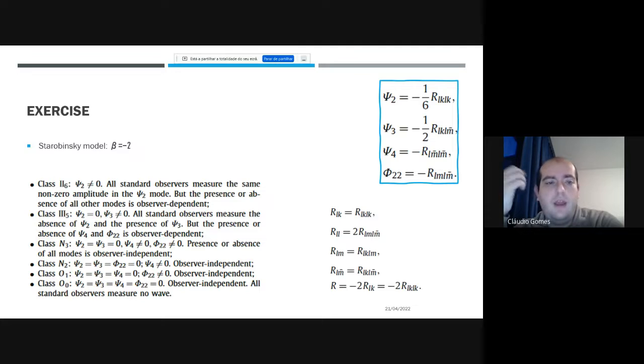The early time acceleration of the universe after the Big Bang. Okay, so this is the system of classification of theories, as we have seen. These are the Newman-Penrose quantities that are important, non-vanishing and linearly independent, for the classification of gravitational waves. And these are the properties of the Ricci tensor and the Ricci scalar.